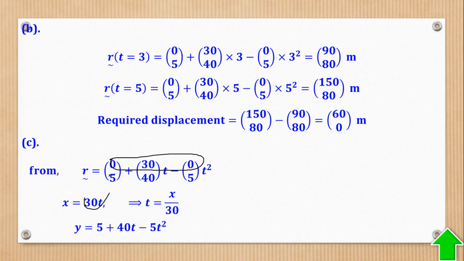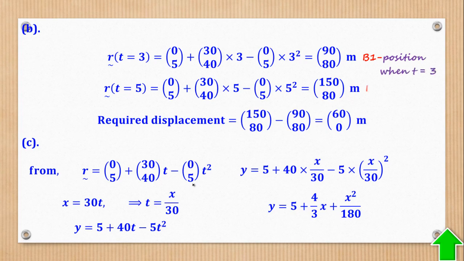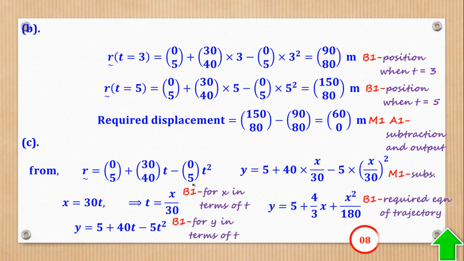And y is this lower part, which is this. So trajectory means you eliminate time. So eliminating t, you come up with that, simplify, and you get what is required. And that's what they wanted.